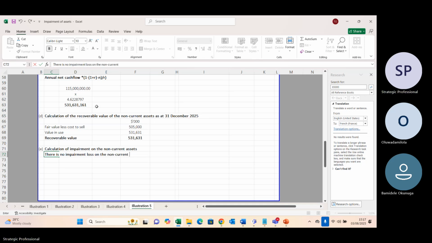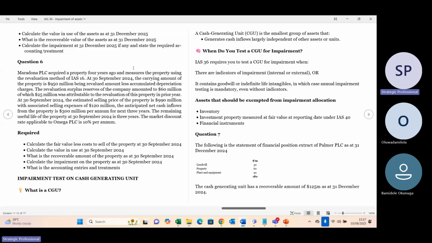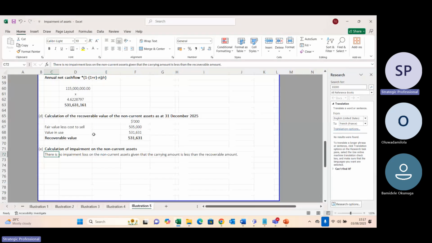Basically, in this question, there's no impairment loss on non-current assets, given that the carrying amount is less than the recoverable amount. The question also asks for the accounting entry. There's no accounting entry that will be passed.